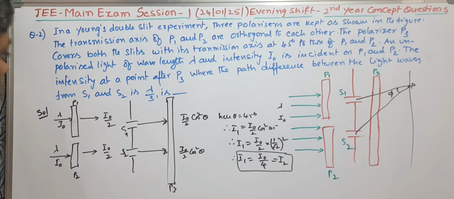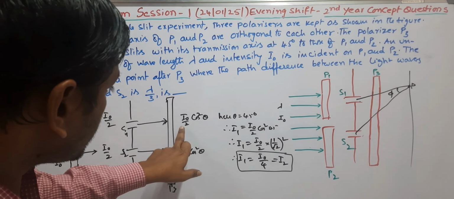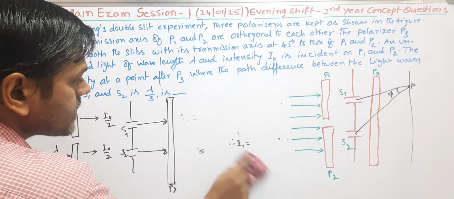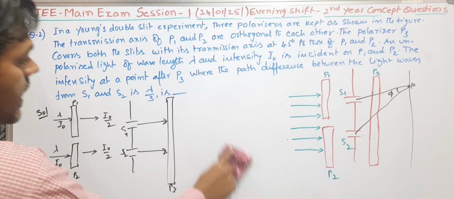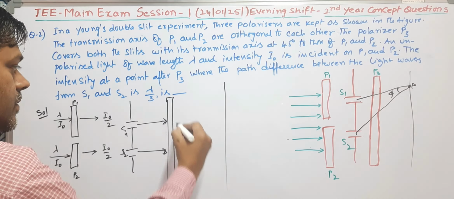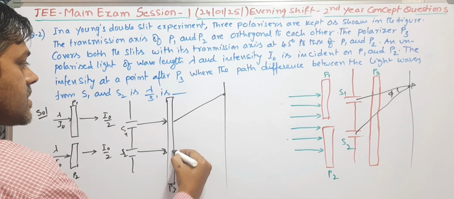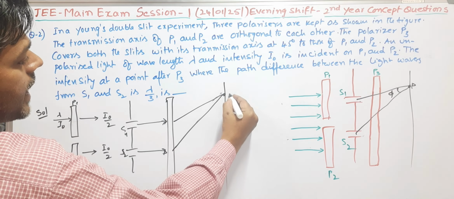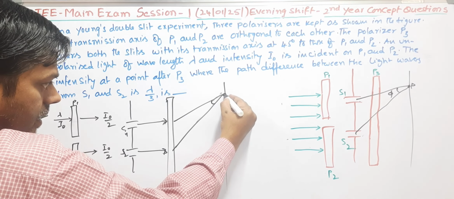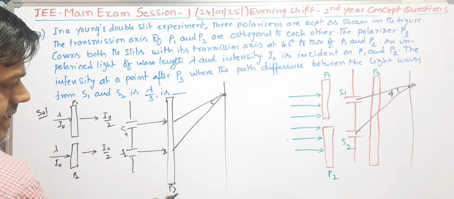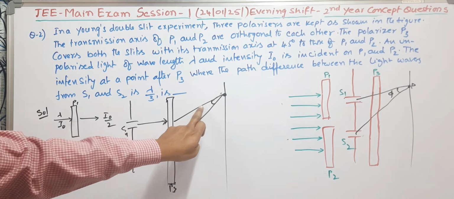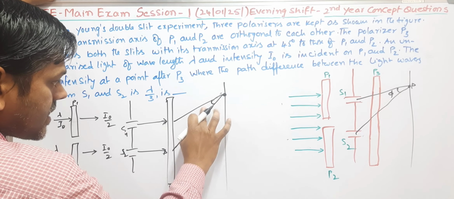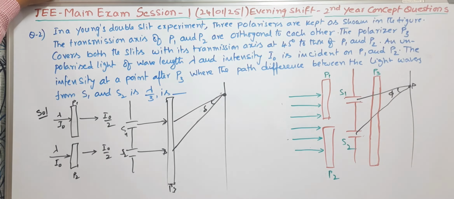Now you want to calculate the intensity. After passing through this analyzer, both the light waves arrive at a common point P on the screen, which is kept behind the polarizer P3, as given in the question. They arrive with some angle, which is called the phase difference delta.